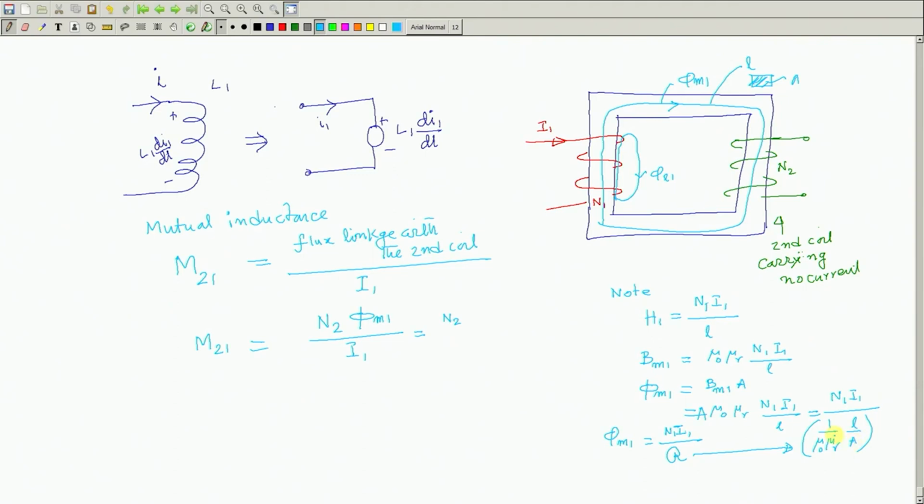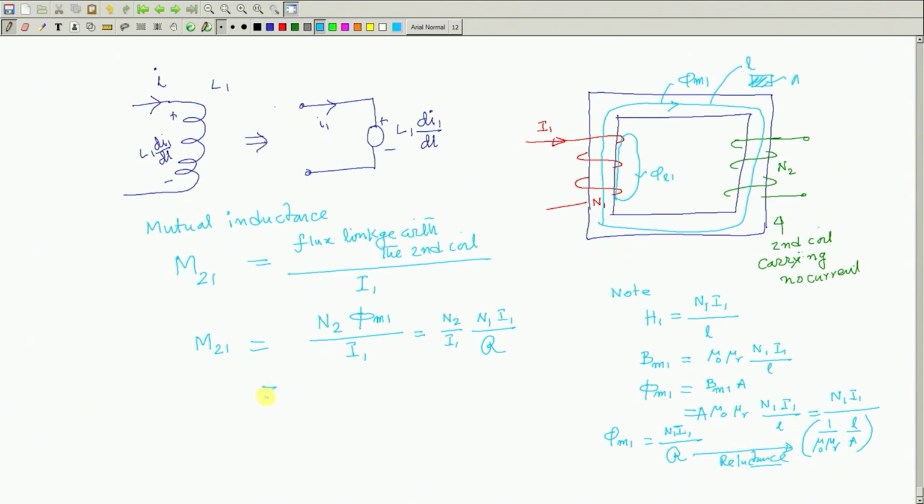So, this one is nothing but N2 by I1, and for phi m1 I can write it as N1 I1 by reluctance, R is the reluctance of the magnetic circuit.